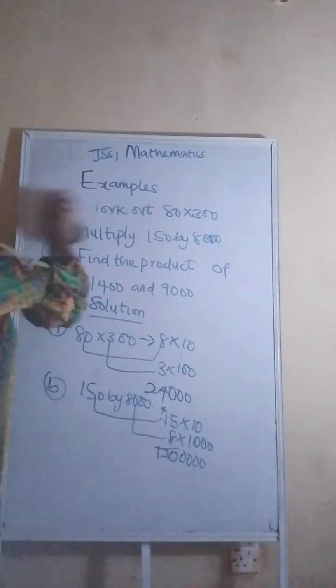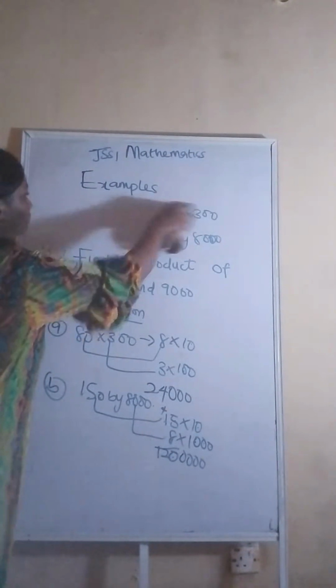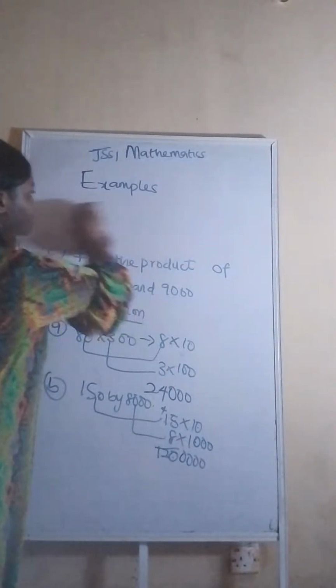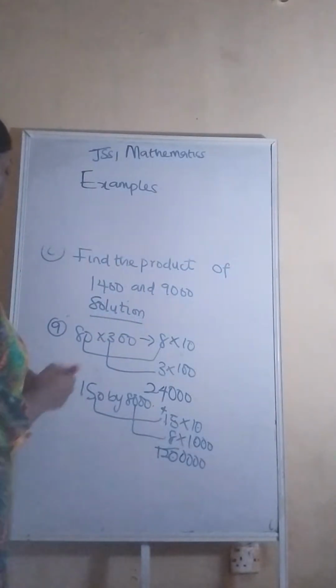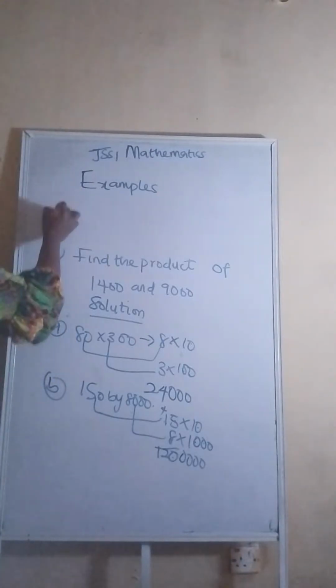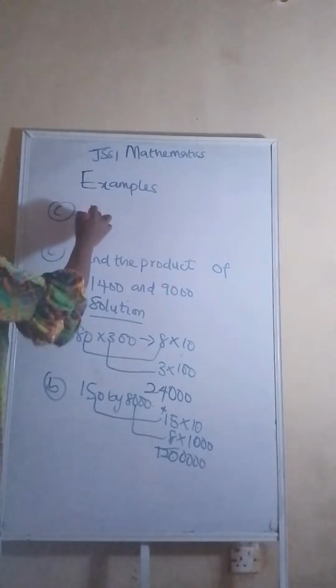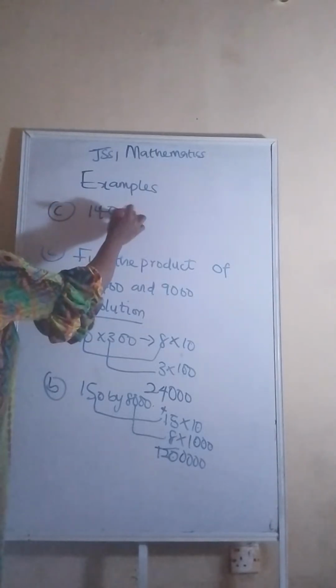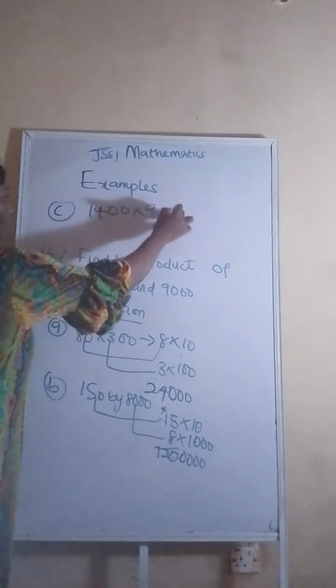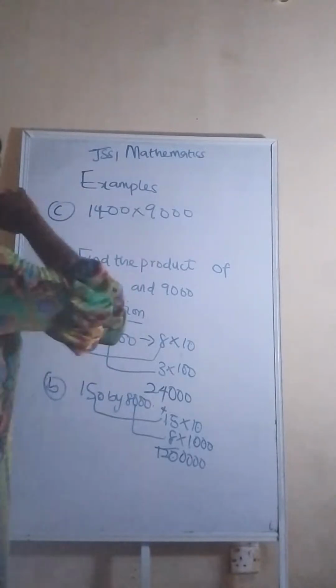Now let's calculate this C here. I want to calculate 1,400 and 9,000.